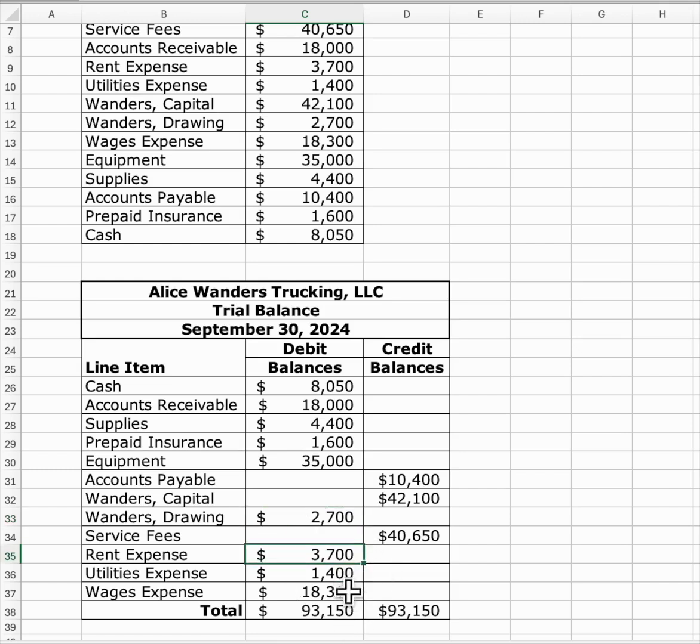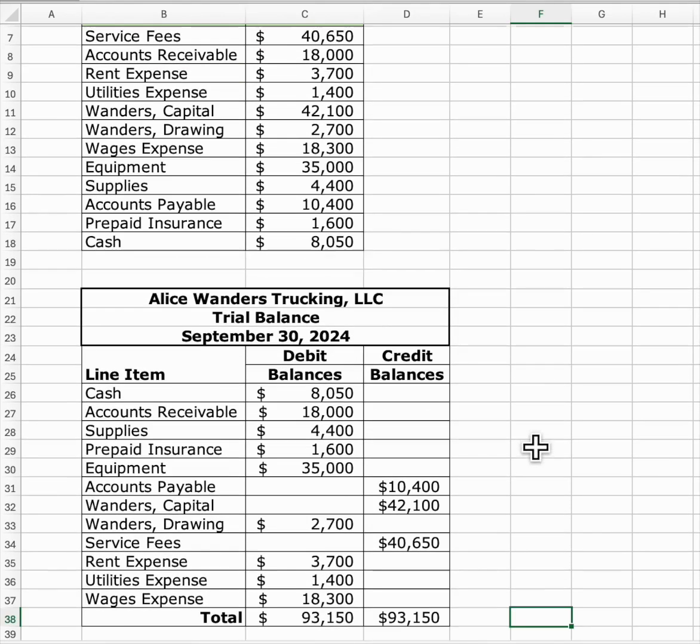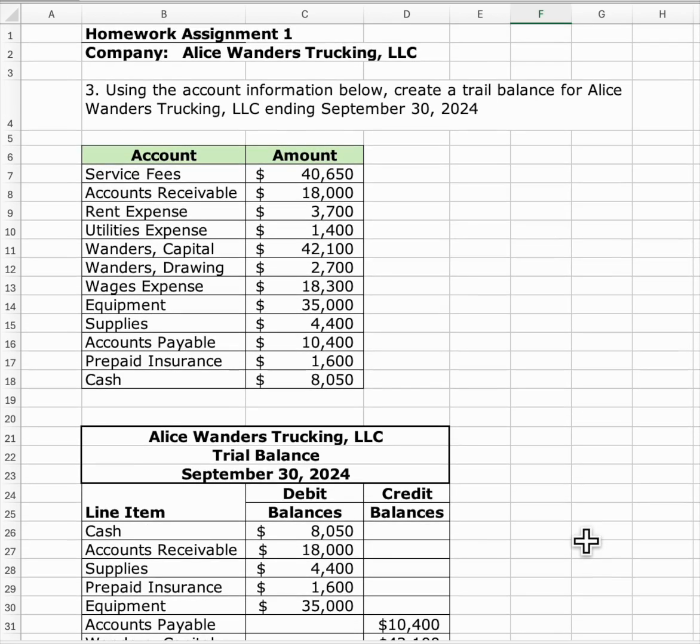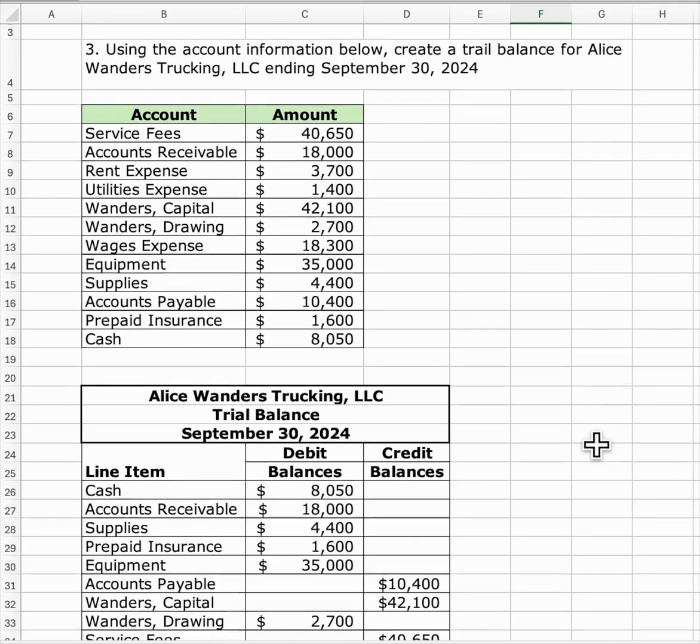There's also all of the expenses, rent, utility, and wages. And now our trial balance is complete. So did you see how easy it was if you just enter credit and then everything else is debit? Then it all should balance out. Anyway, for this assignment and other assignments that are this simple, it should all balance out.